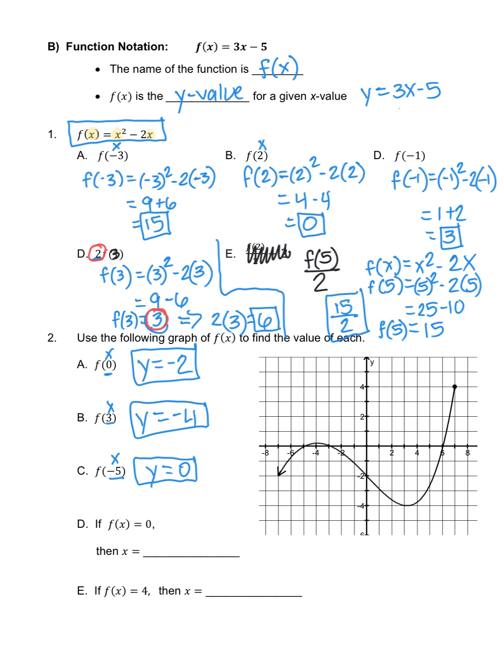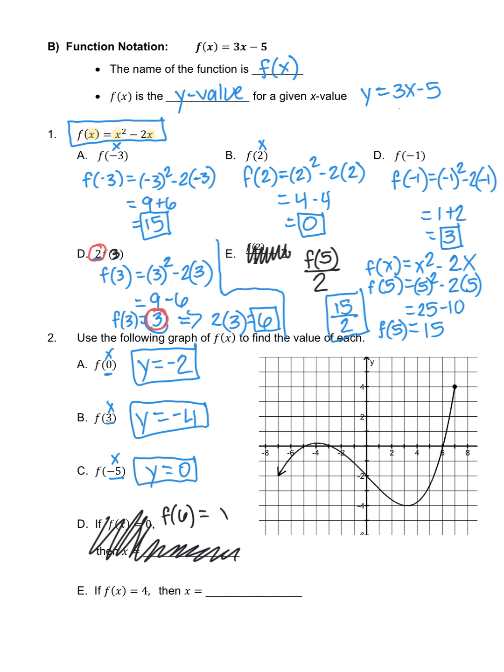D, yours is different than mine, so let me change this. Not too sure why the notes are different on mine, but that's okay, we can change it. F of 6 equals. So if x is 6, let's go to 6 on the graph here. What is our y going to be? Well, y is going to be equal to 0 here. So y equals 0.